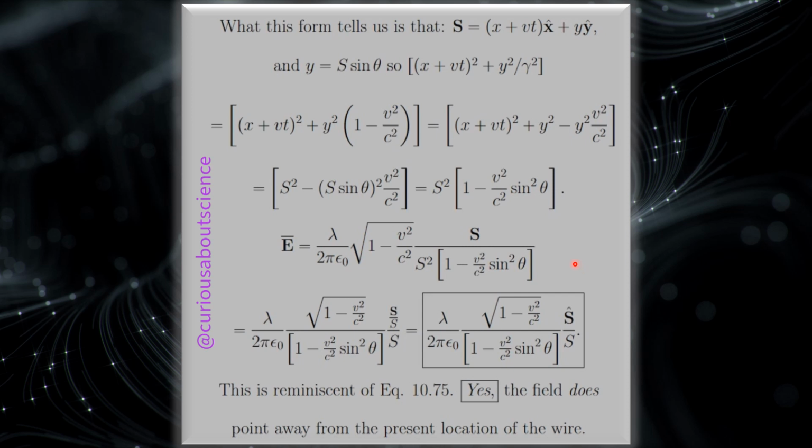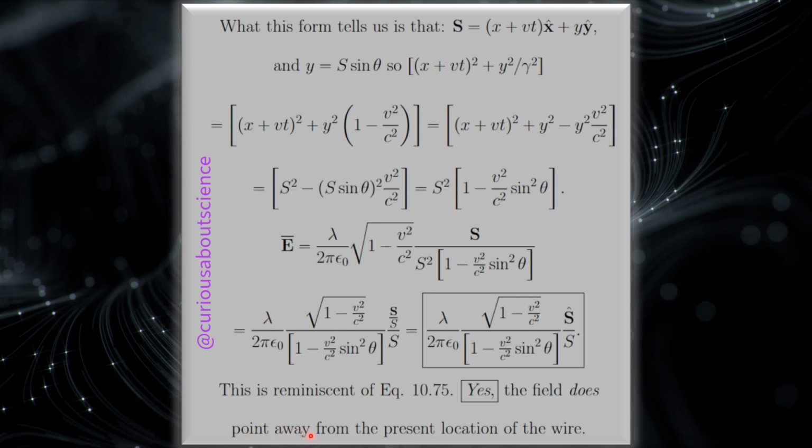Quite frankly, this looks like something we saw in the non-relativistic regime, but using the retardation regime. Here we see that if we put the gamma factor in the numerator, the denominator stays the same, the bracket anyways. We could take a factor of that s squared, put it up with the s vector to make the s hat, and after we simplify down and match form, this is reminiscent of equation 10.75.